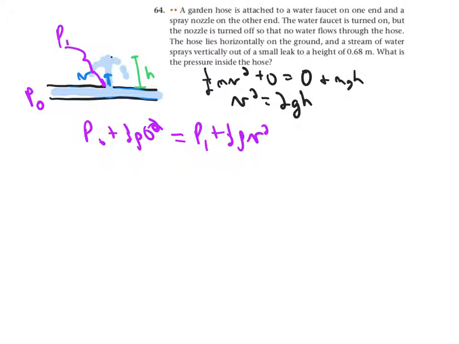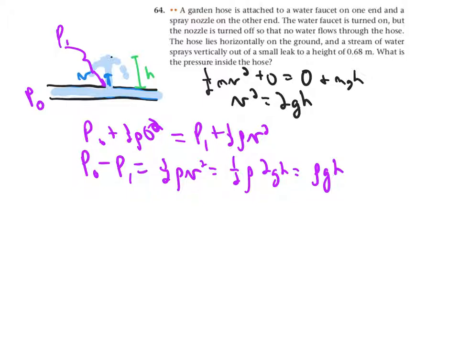And therefore, the gauge pressure, P0 minus P1, is just 1/2 rho v squared, which is 1/2 rho times 2gh, so it's just rho gh. That seems a little suspicious and familiar, but it's actually right.